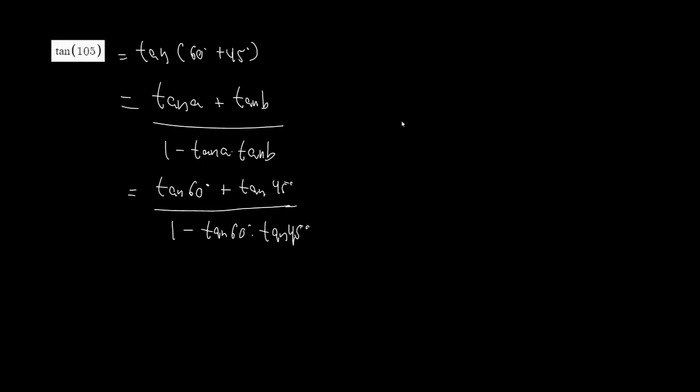Before we begin, let's recall. What is tangent 60 degrees? Tangent 60 degrees is square root of 3. And tangent of 45 degrees is exactly 1.